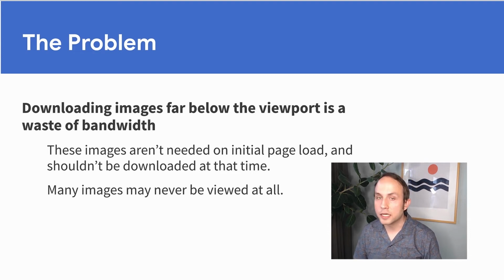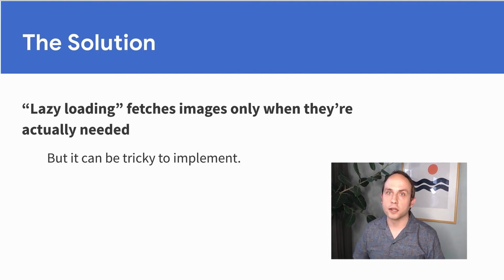Especially for e-commerce pages, other pages that have a lot of images, maybe in like a grid of some sort, this can be a major performance gain to not be loading every image right up front. The solution to this is a pretty widely used technique called lazy loading, where we don't actually request the image until the user has scrolled down.